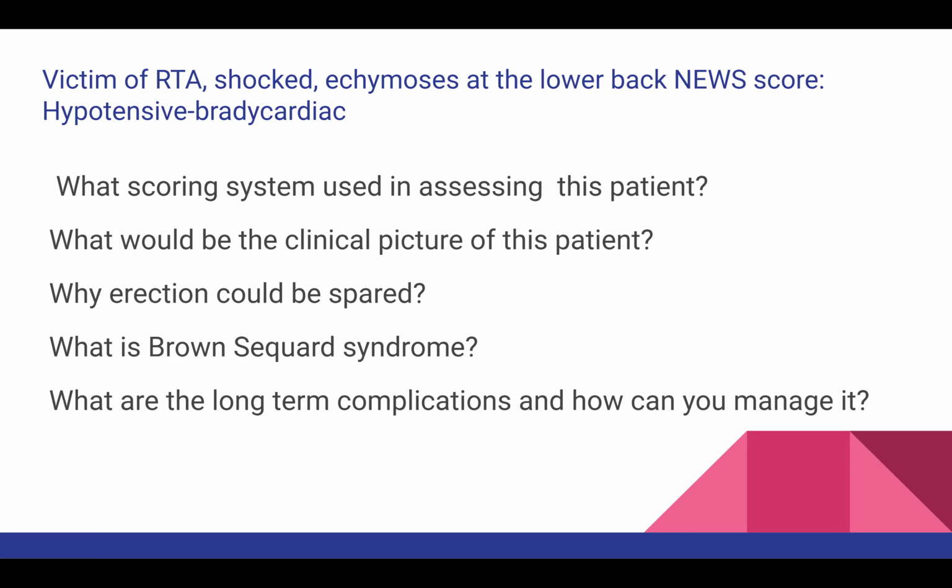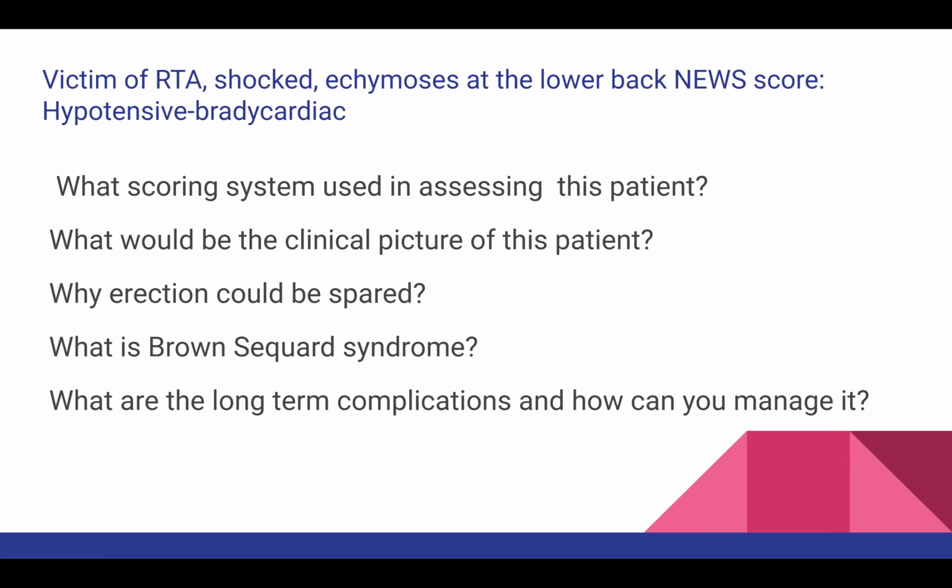There could be various spinal injuries like the anterior spinal cord syndrome, the Brown-Sequard syndrome, and posterior spinal cord syndrome. There will be loss of pain and temperature sensation on the same side.